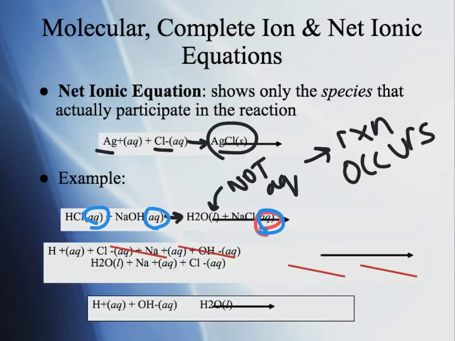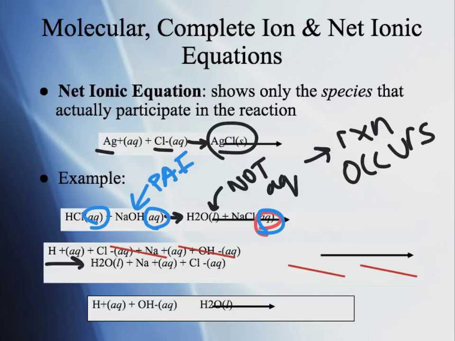We can break up NaOH, and we have Na, and remember OH is a polyatomic ion, so it has to stay together. It's a negative charge. And then here's our reaction arrow.